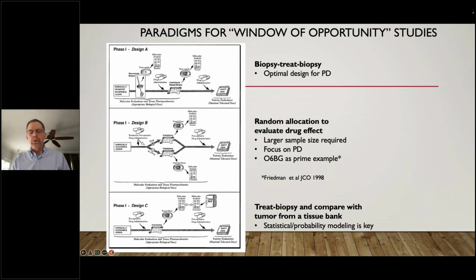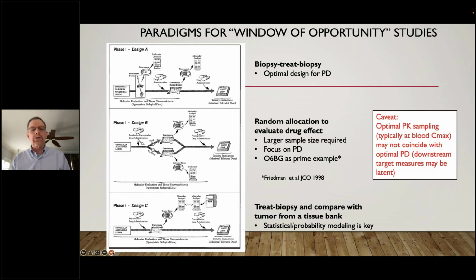And this was actually used by Dr. Friedman and colleagues when they looked at 6-benzylguanine and showed that the control had high levels of MGMT in most of the tumors, whereas the patients treated with 6-benzylguanine, there was no MGMT, and they determined, in fact, that it was effective. And then you can actually do the treat and biopsy or treat and sample and compare a tumor from the tissue bank as a historical control, but you have to do very careful statistics there.